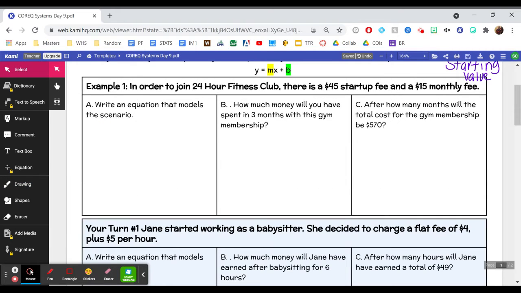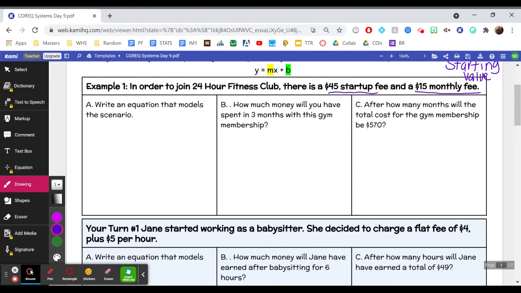So example number one says, in order to join 24-hour fitness club, there is a $45 startup fee and a $15 monthly fee. Okay, so we have two numbers going on here. The 45 startup fee and the 15 monthly fee.